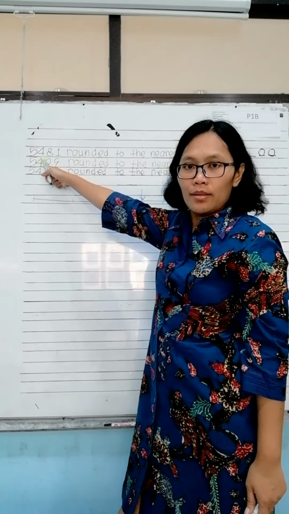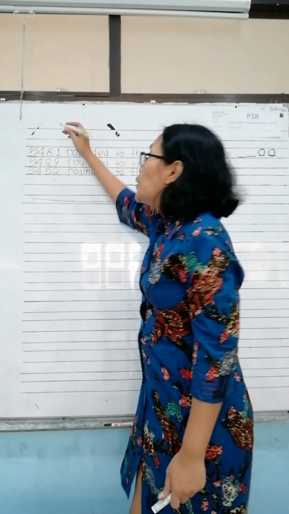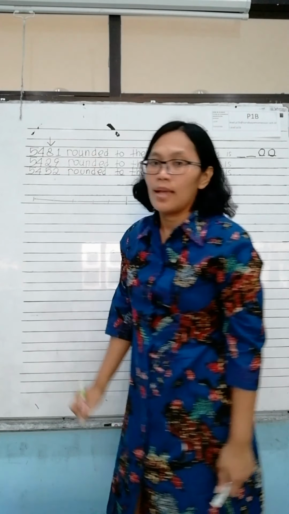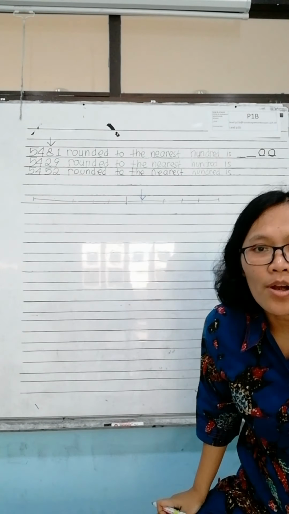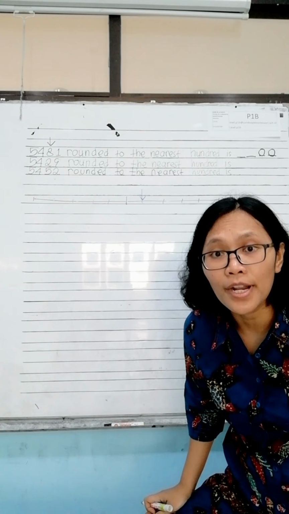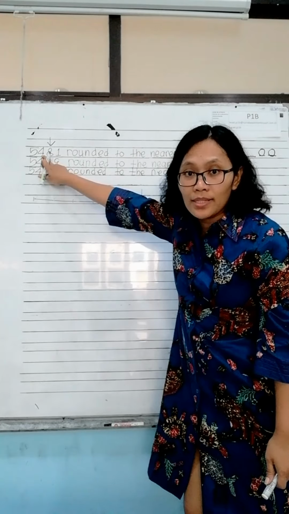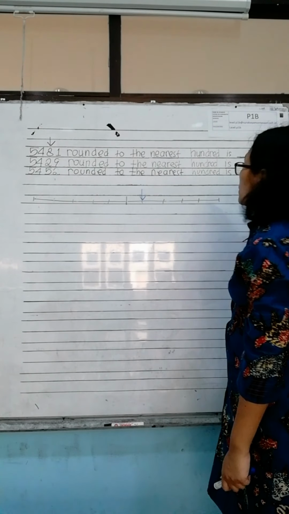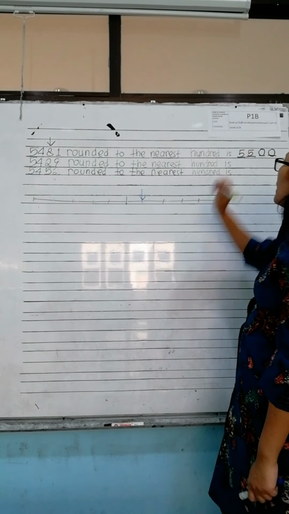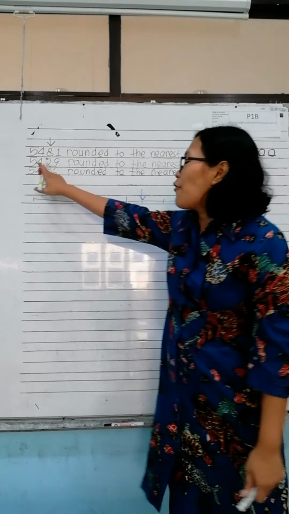How about the 100? Will it round up or down? You have to see the tens. The tens digit is 8. 8 is more than 5. If it is more than 5, the 100s place, 4, has to round up and become 5. So your answer will be 5,500.